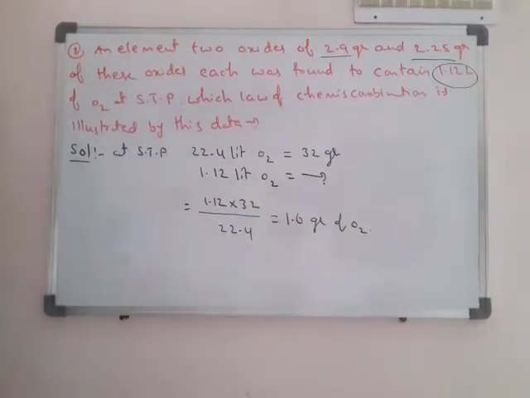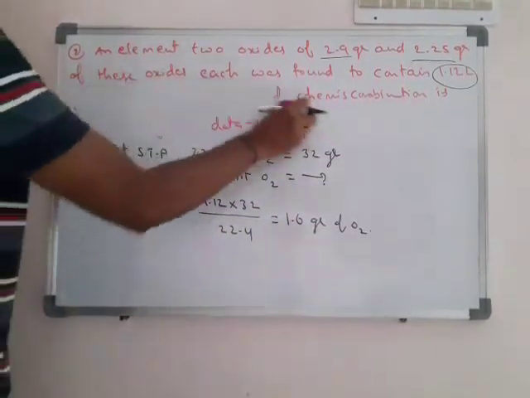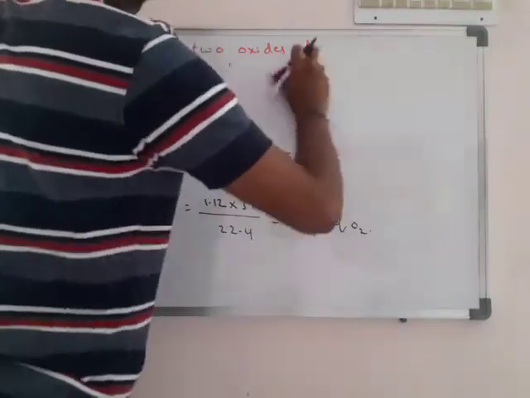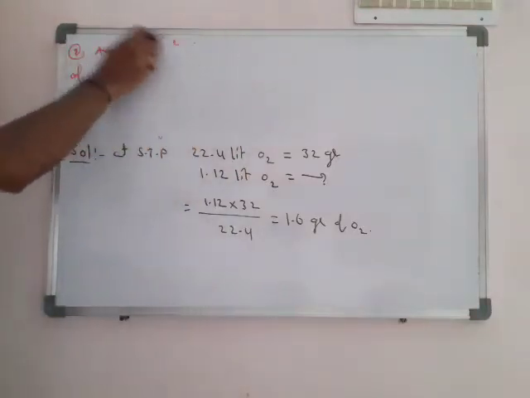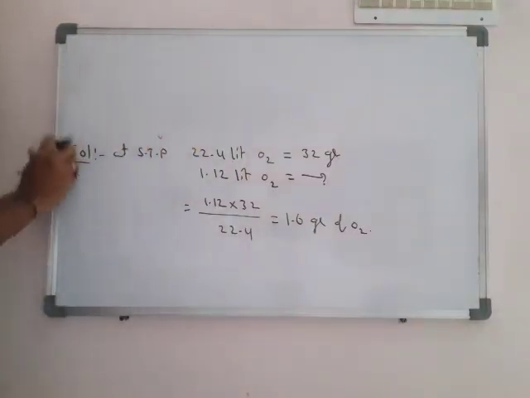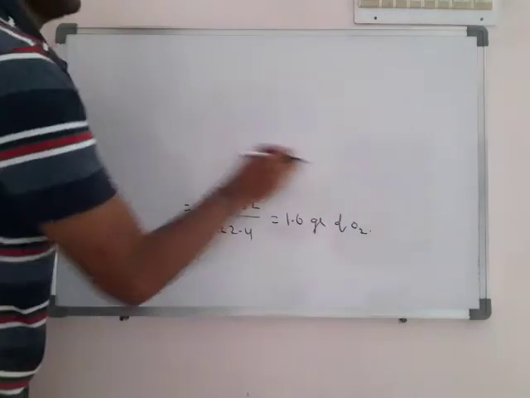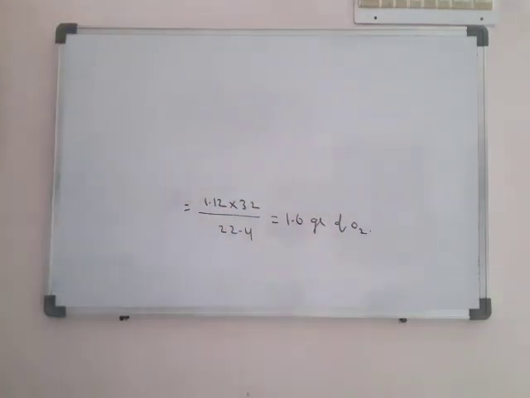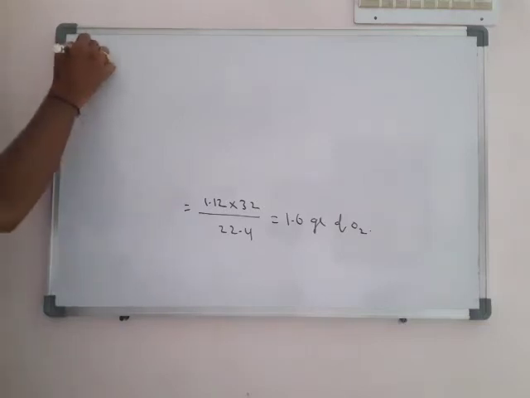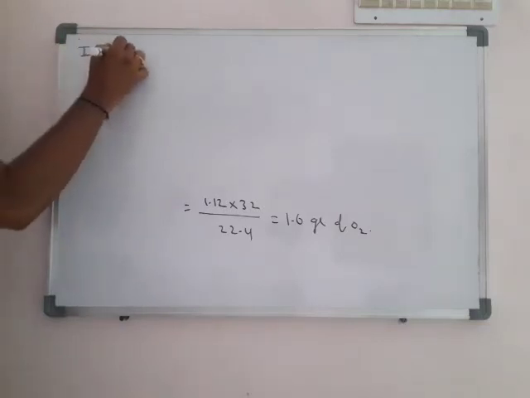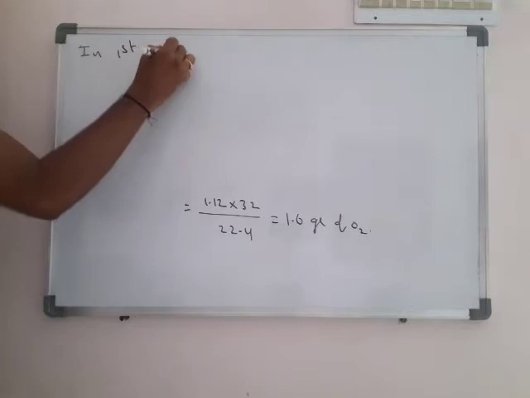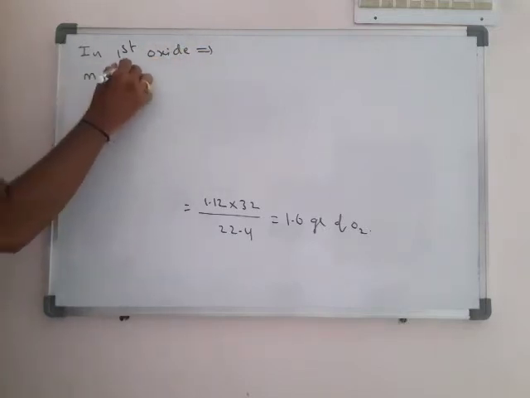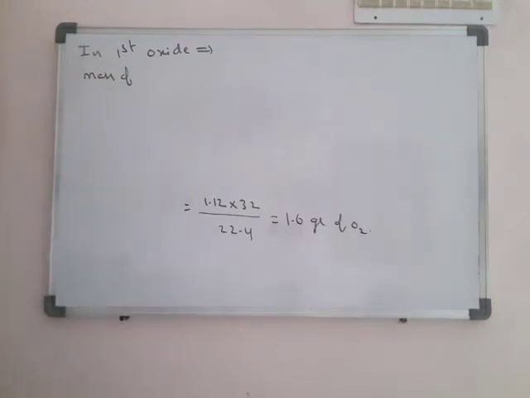Okay, so I have to remember these values. So here, in the first oxide, the mass of total oxide, how much?